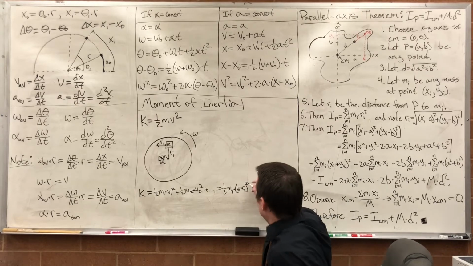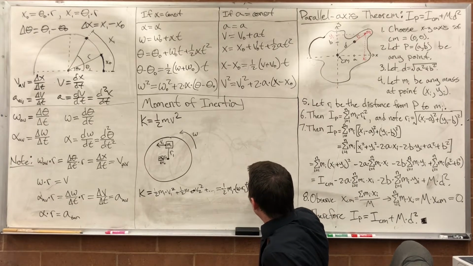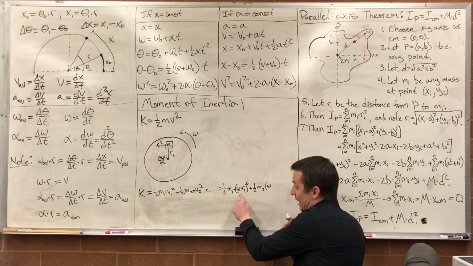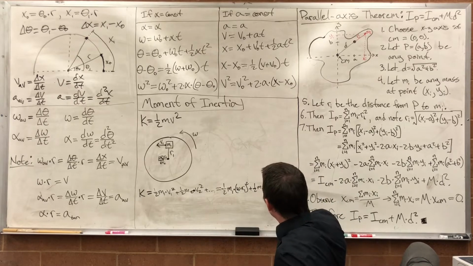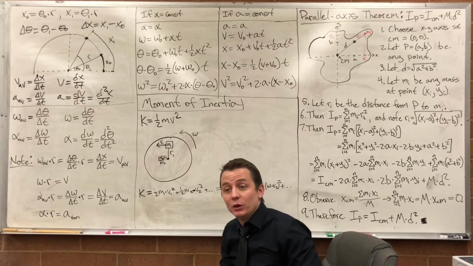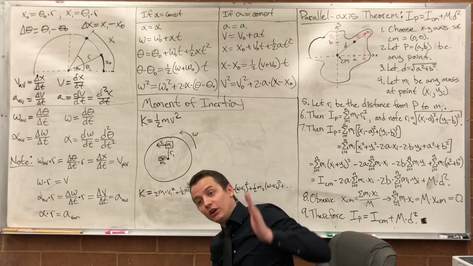Similarly, we can have plus 1/2 m2, and it's going to be omega, same omega, but different radii. How does omega change? Omega, the angular speed of the wheel, is the same no matter where you are on the wheel.